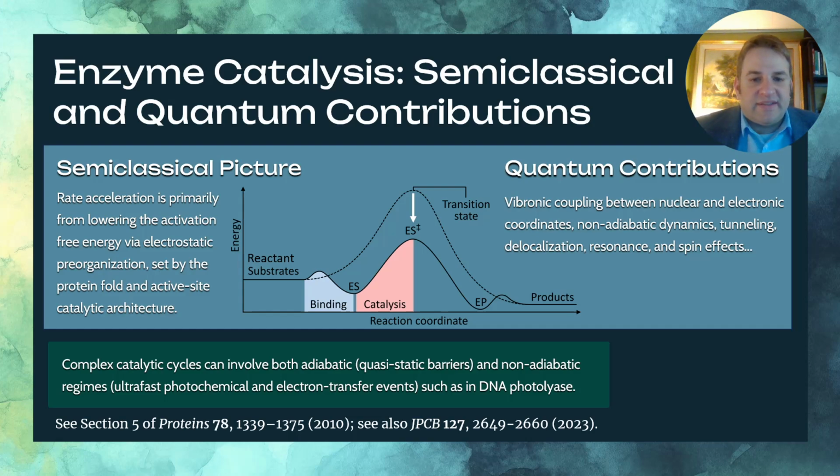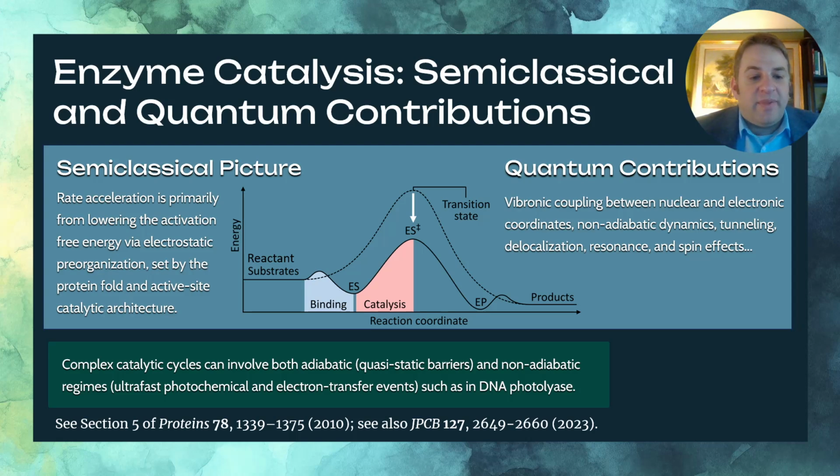Now, this semi-classical picture accounts for much of our knowledge of enzymes, but in many cases, there are also quantum contributions that play a role, such as vibronic coupling between nuclear and electronic coordinates, non-adiabatic dynamics, tunneling, in which case it goes through rather than over the barrier, delocalization, resonance, and spin effects.